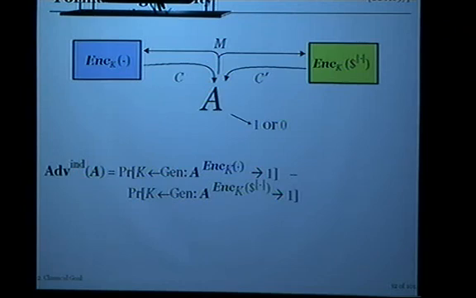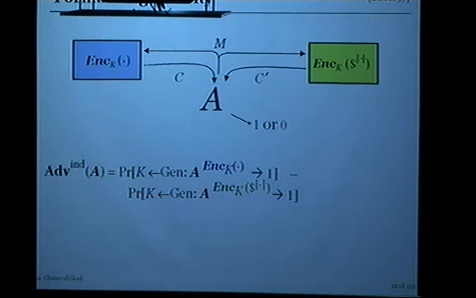The adversary A itself is allowed to be probabilistic. In the end, the adversary is expected to output a bit, 0 or 1. This quantity over here is the probability that the adversary A outputs 1 when we carry out the experiment that I've just described.